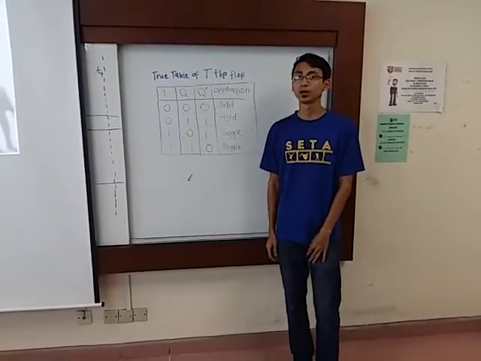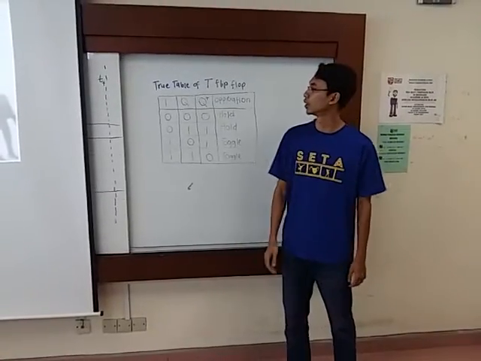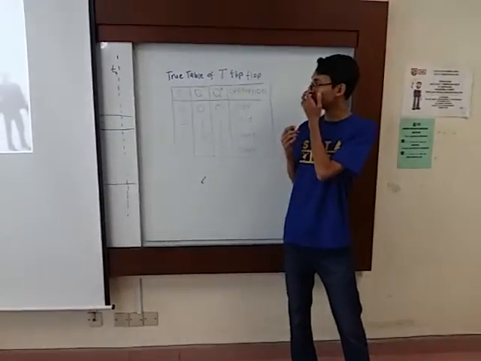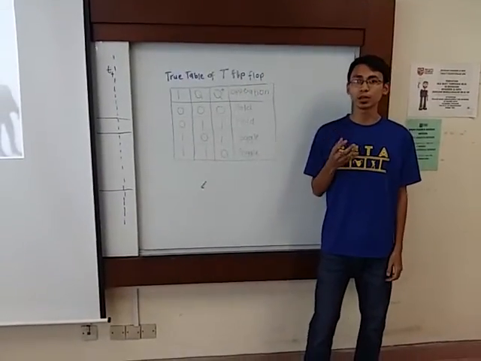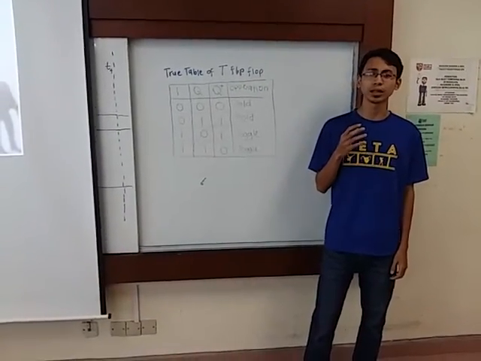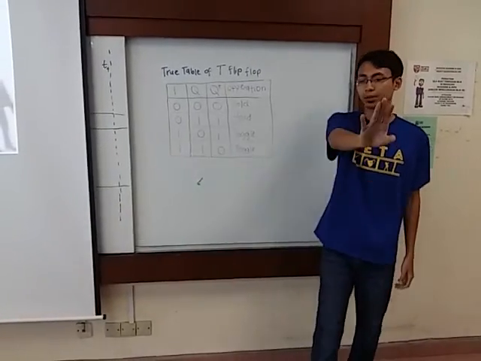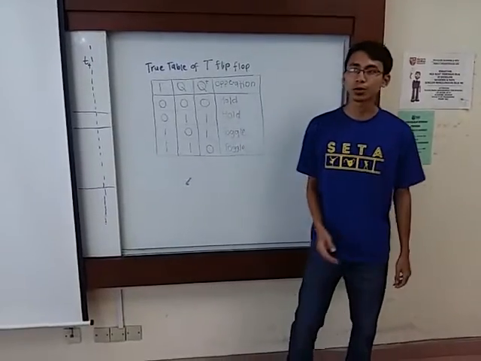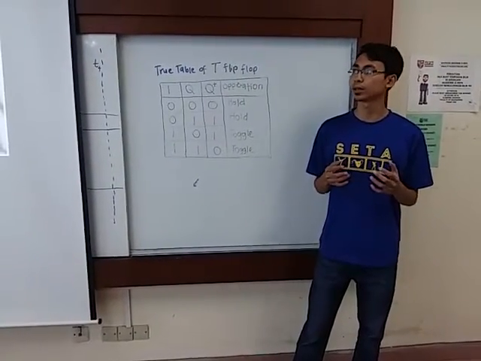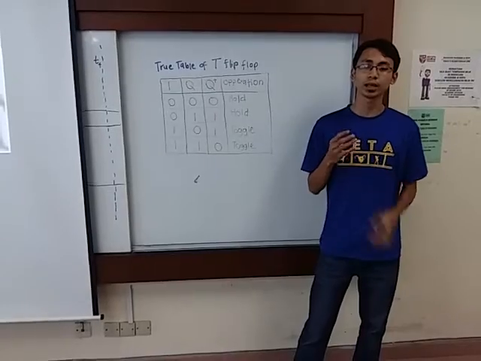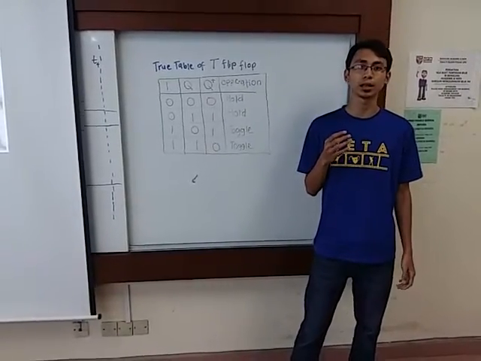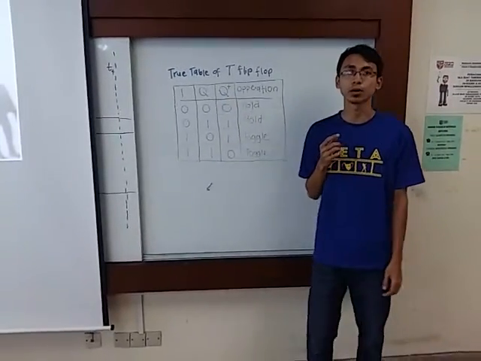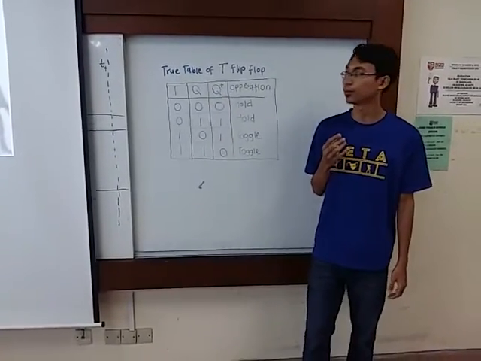Now I would like to discuss the truth table of the T flip-flop. As we know, the T flip-flop is the combination of the J and K terminals in the JK flip-flop, so it means the T flip-flop only needs one input.